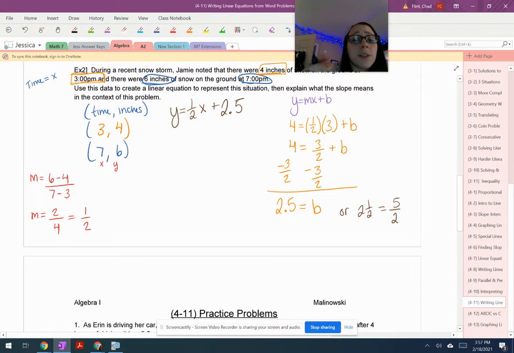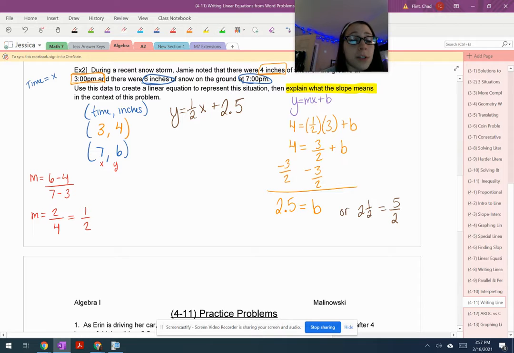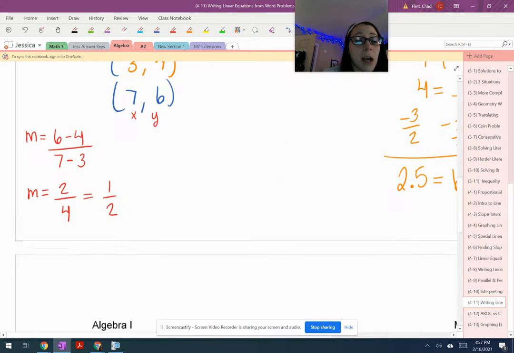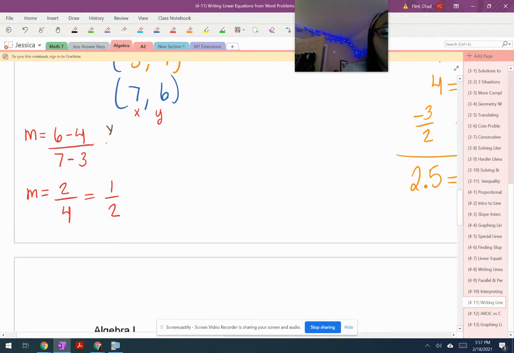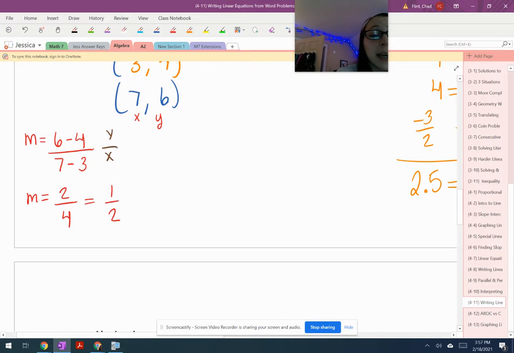Keeping in mind, though, we aren't done because it was asking us to explain what the slope means in this problem. So again, this problem is talking about time and snowfall. So let's go back to our slope. Our slope we know is y over x. And in this situation, y is talking about inches of snow, if we're being specific.